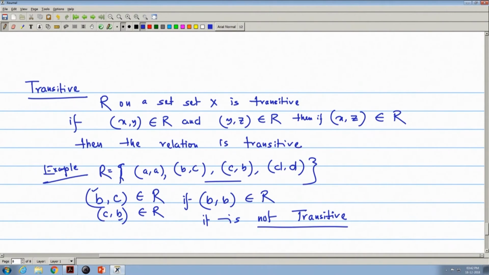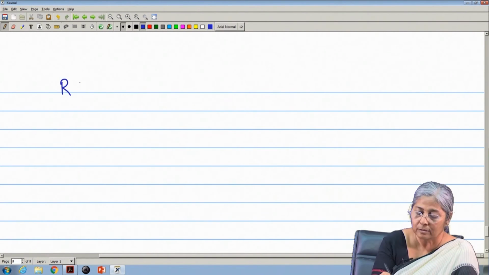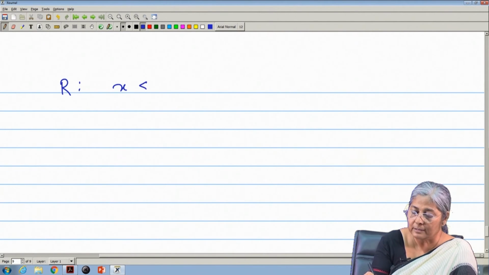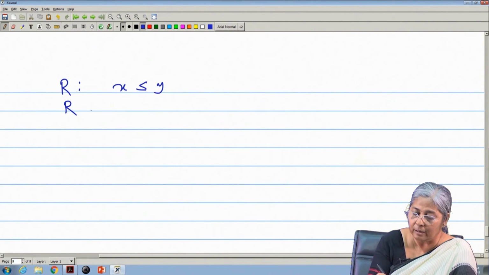But our previous example, the relation x less than equal to y, or the relation x divides y.